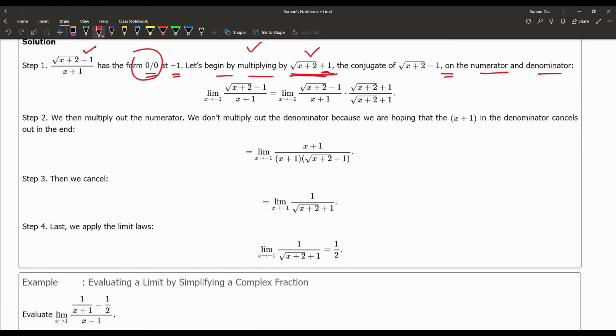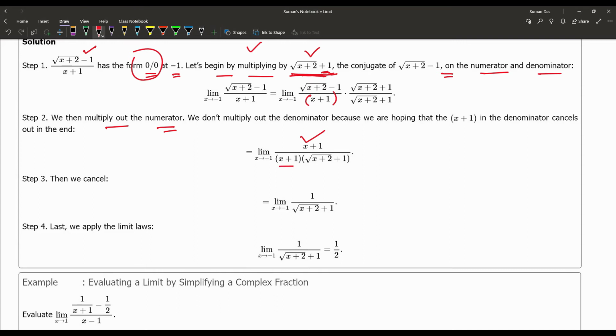So the numerator is the square root of x plus 2 minus 1 into the square root of x plus 2 plus 1, and the denominator is x plus 1 into the square root of x plus 2 plus 1. Now when we multiply out the numerator, that is the form a minus b into a plus b, so that is a square minus b square, and we get the numerator's final result as x plus 1.